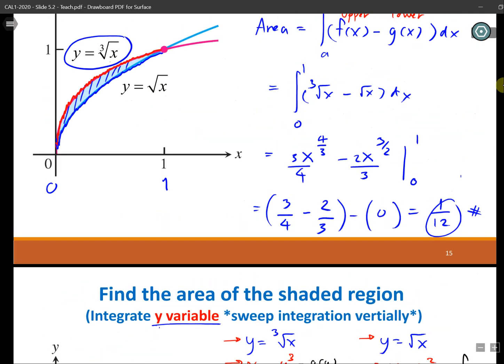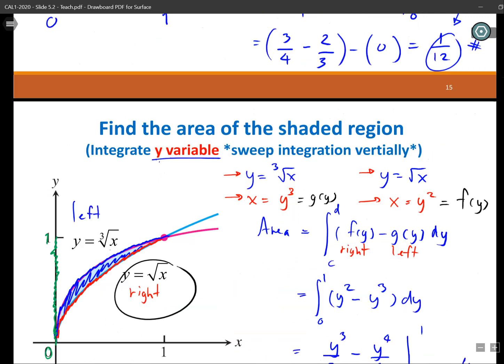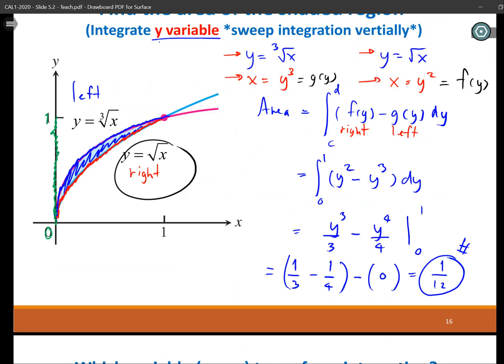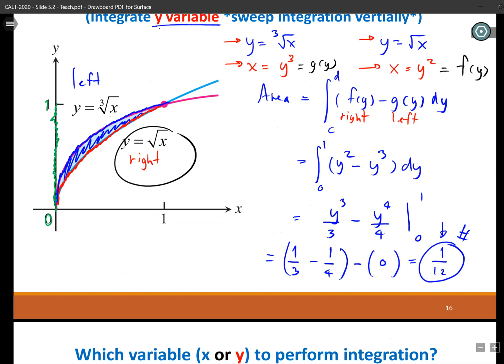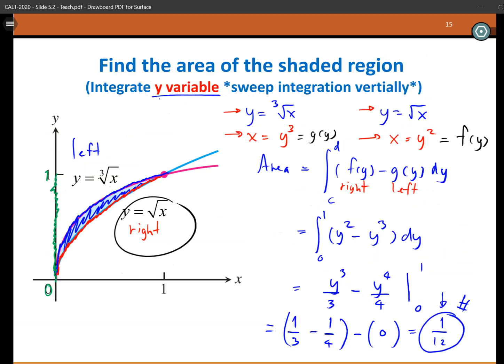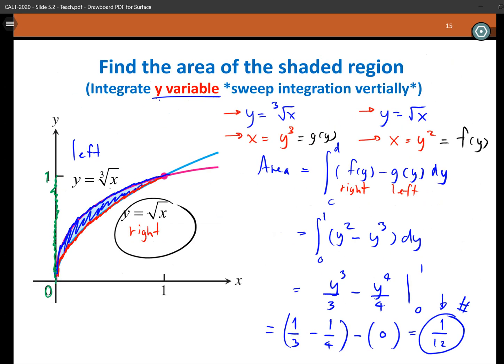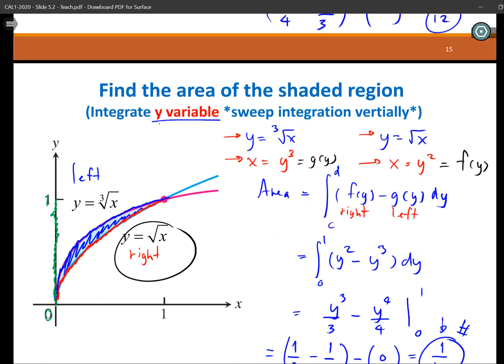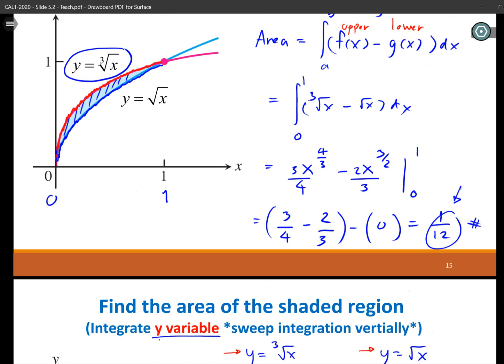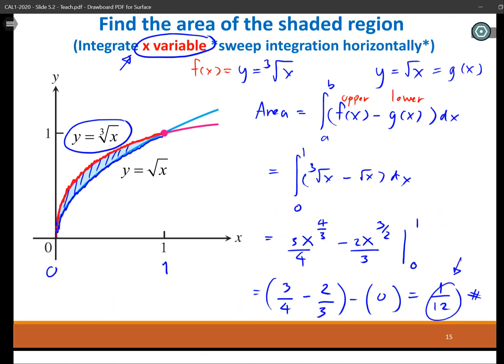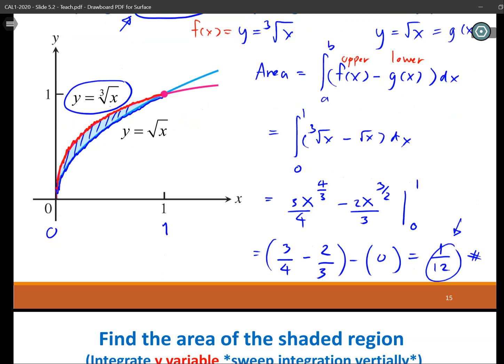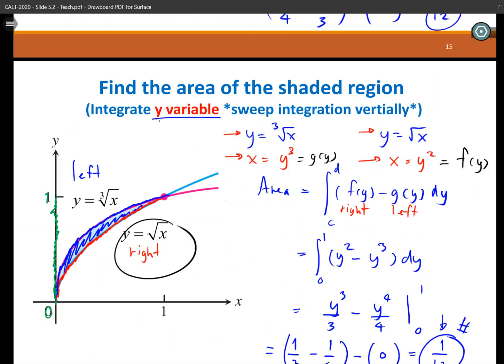Here we have 1 over 12, and same here. Why do I have to show this? I want to show that in some cases, you can pick either way. Because sometimes you can see the lower and the upper function on the same region, but in a different direction you can see them as on the right and on the left.